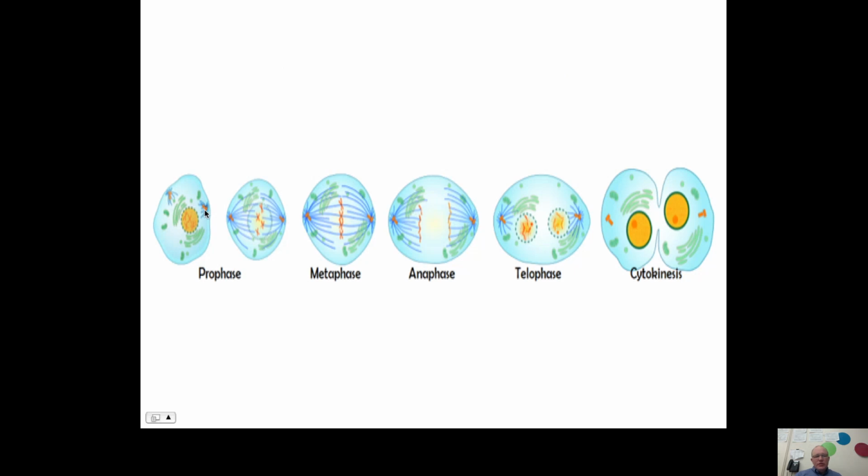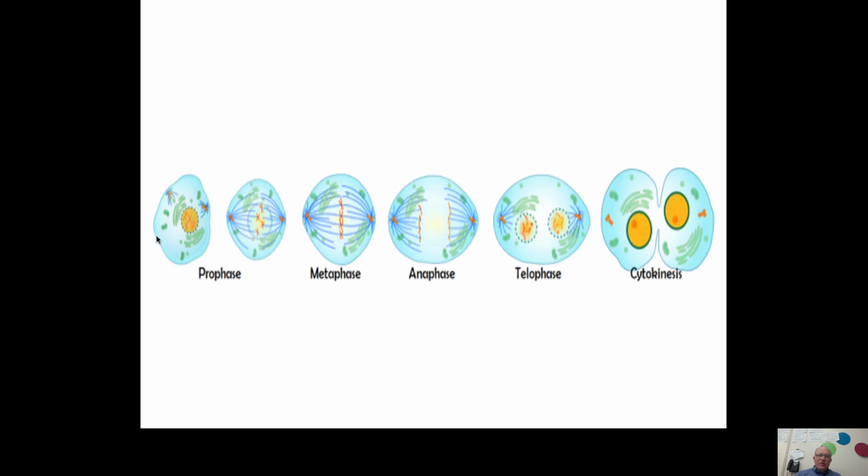You have the centrioles, and the spindles from the centrioles begin to emerge during prophase. This is still a part of prophase here. It's prometaphase, but the spindles come out from the centrioles and they latch on to the chromosomes.